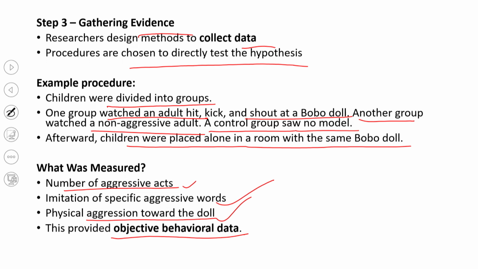So, they were seeing how watching a model behave aggressively or non-aggressively impacted the children's behavior when put alone with the same doll. They measured aggressive acts in terms of whether the children were shouting, kicking, or punching the doll. So, that was the data.